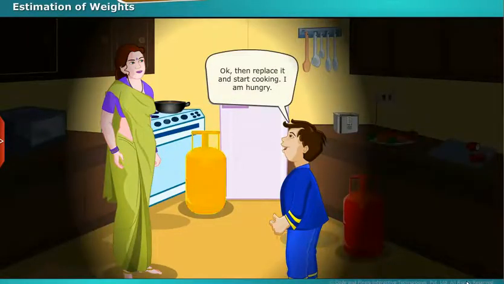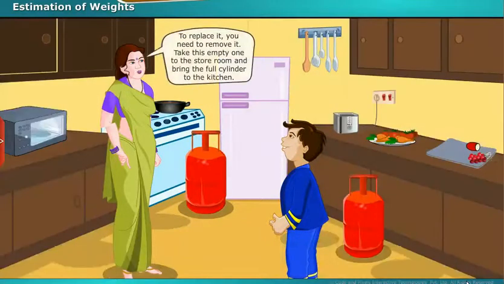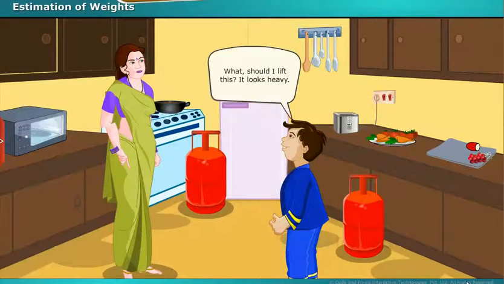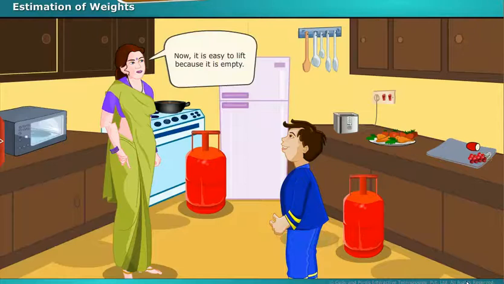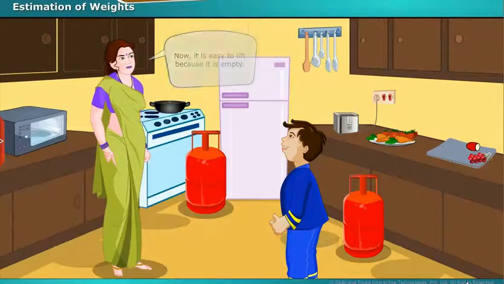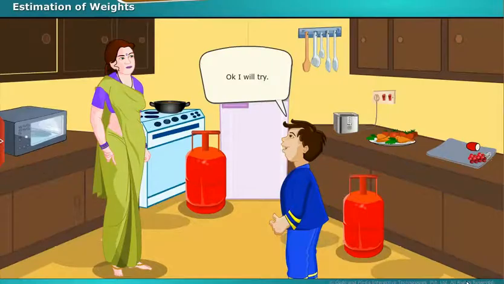I am hungry. To replace it, you need to remove it. Take this empty one to the storeroom and bring the full cylinder to the kitchen. What? Should I lift this? It looks heavy. Now, it is easy to lift because it is empty. Okay, I'll try.